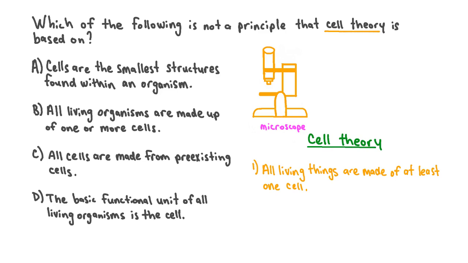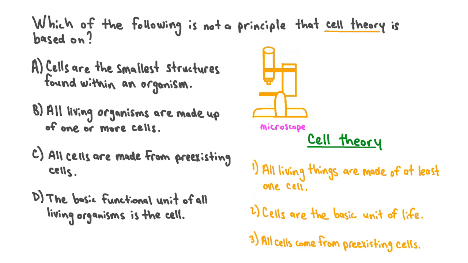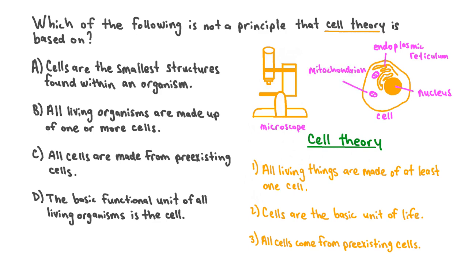All living things are made of at least one cell. Cells are the basic unit of life. And all cells come from pre-existing cells. While the cell is the basic unit of life, and the smallest object within an organism to be considered independently alive, cells themselves are composed of smaller structures, such as the endoplasmic reticulum, the nucleus, and the mitochondrion.